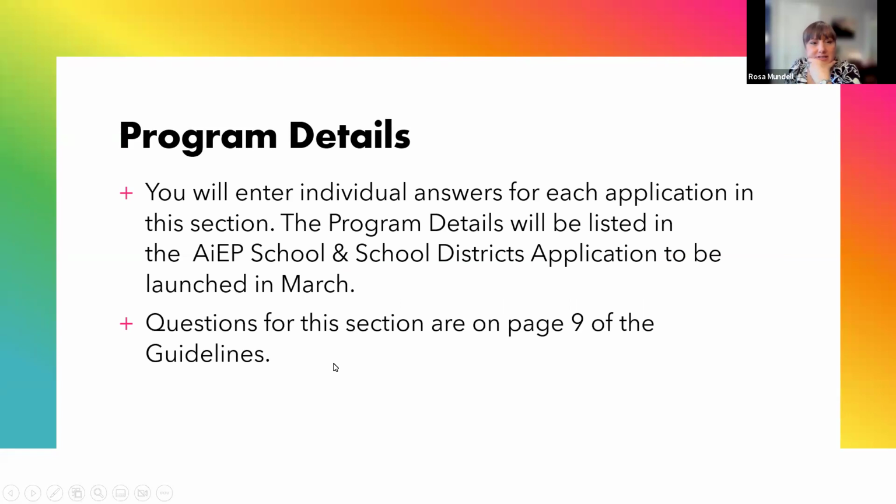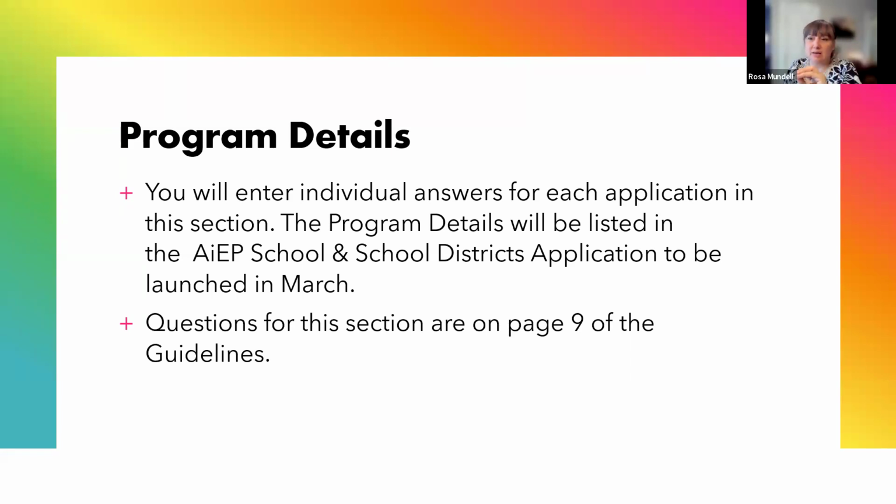Under the program details, you'll enter the individual answers for each application in this section. So one of your programs may be a visual arts program where you're doing fingerprint painting. All the details for that specific program are in that application.